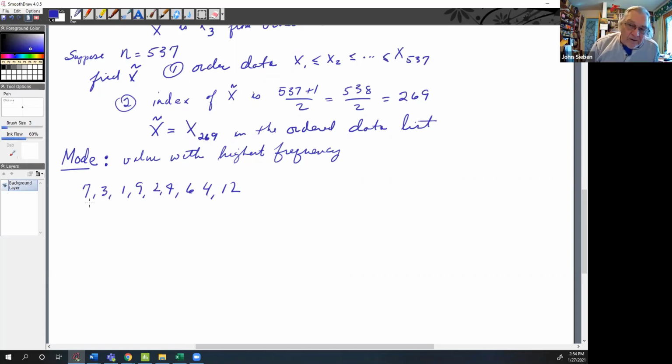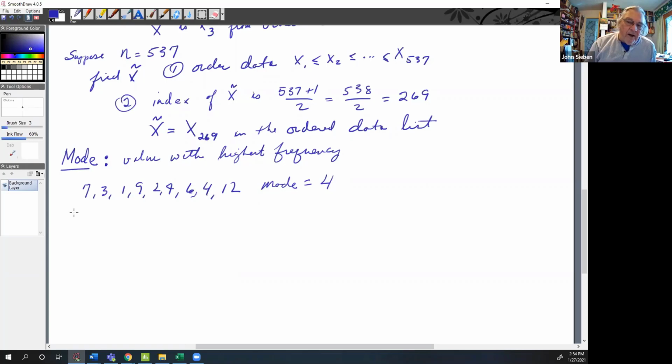This is prone to error also, so you do it with me, but 7 occurs once, 3 once, 1 once, 9 once, 2 only once, 4 occurs twice. 6 once and 12 once. And so the mode is equal to 4 because 4 occurs most often. That's all the mode is. It's the value that occurs most often.